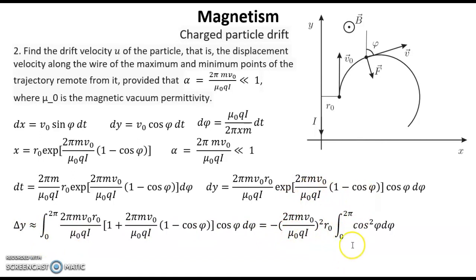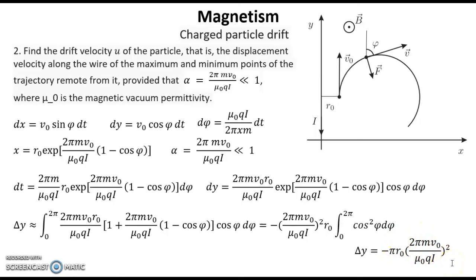And now cosine squared phi is 1 plus cosine 2 phi over 2. Again the cosine of 2 phi integrates to 0, and then we have only the integral of 1/2 in limits from 0 to 2 pi, so that will be pi. So the total displacement for one period will be this one.